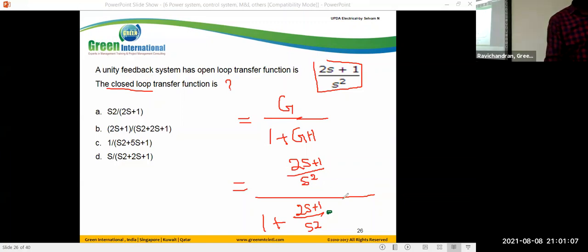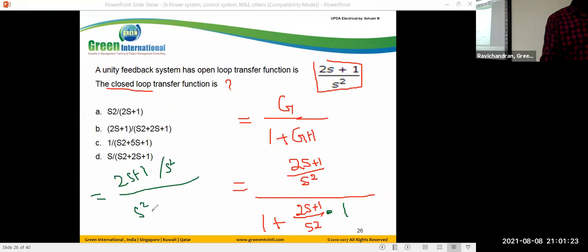Now we cross multiply this equation: s square plus 2s plus 1 divided by s square. So s square cancels, we get (2s plus 1) divided by (s square plus 2s plus 1). So this is the answer.